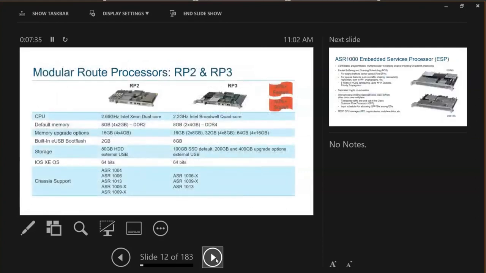Question: what exactly is the management traffic? Management traffic can be something like your SSH traffic. If you're SSHing to the device to get remote access, you can use the management port for that directly. If you use the normal data plane and the data plane is oversubscribed, with more traffic, there are chances of your management traffic getting dropped.